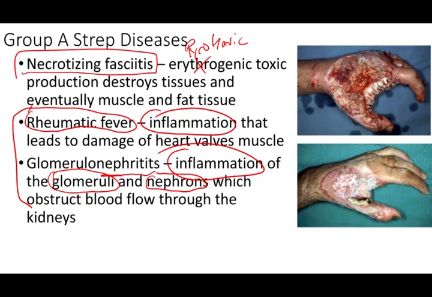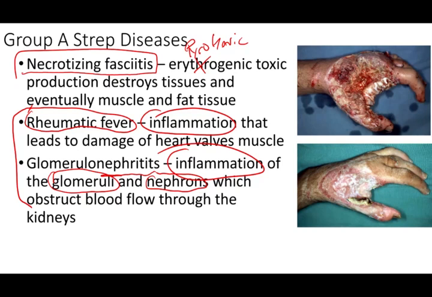So like we saw for Staphylococcus, group A strep can cause a diversity of diseases because there are so many different strains and a bunch of different virulence factors that exist. So it really is a question of which group A strep you're exposed to and what virulence factors exist in it. What I'm not saying is that the group A strep that causes strep throat is the exact same thing that causes necrotizing fasciitis.